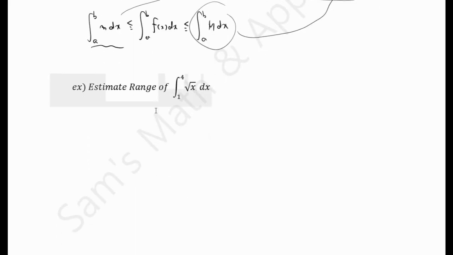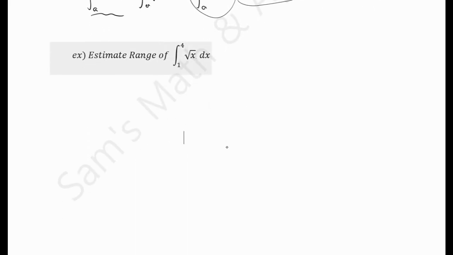So we take an example. Estimate the range of the integration from 1 to 4 of square root x dx. This definite integration means the area between the curve square root x and the x-axis from x equals 1 to 4.